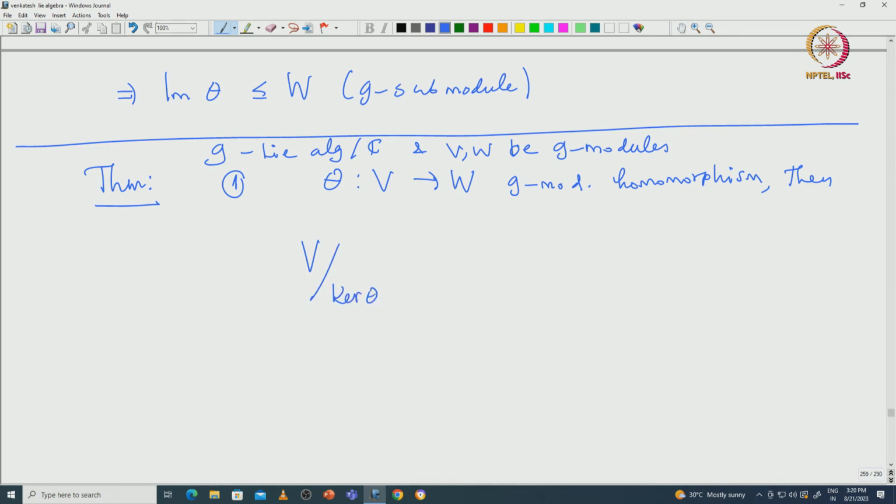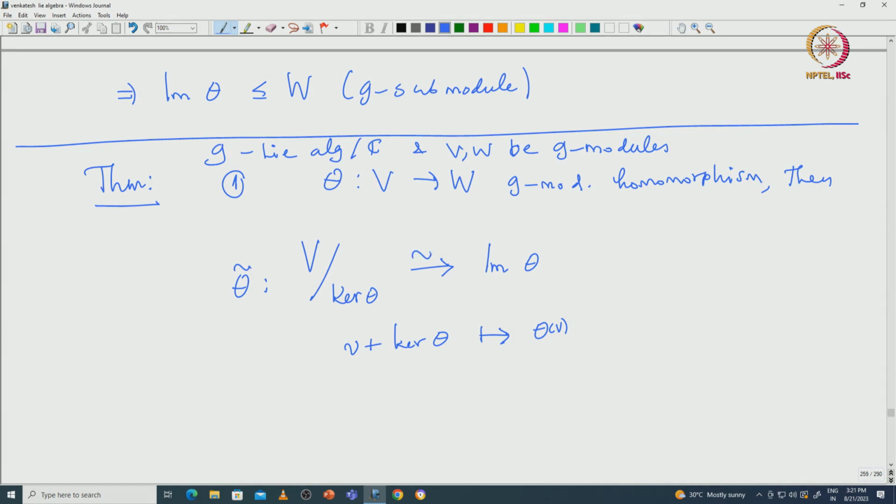There is this induced map theta tilde from V modulo kernel theta to image of theta, given by V plus kernel theta is sent to theta of V. So, this is an isomorphism.